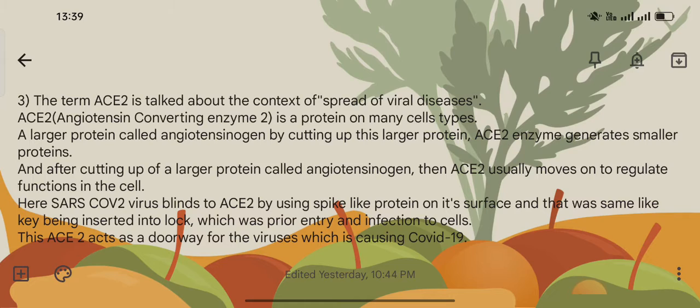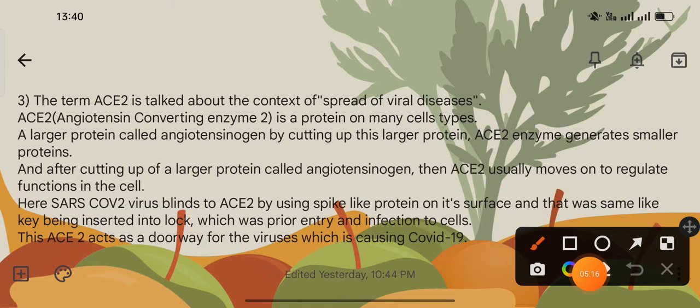Okay. 23rd question. The term ACE2, that is angiotensin converting enzyme 2, is talked about in the context of the spreading of viral diseases. ACE2 is a protein on many cell types. By cutting up a larger protein called angiotensinogen, the ACE2 enzyme generates smaller proteins, and then usually moves on to regulate functions in the cell.